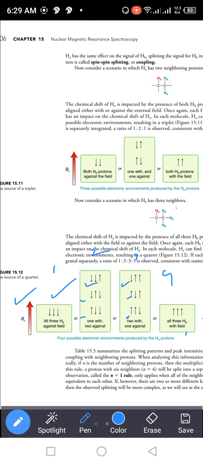So overall we have 4 peaks with different patterns. So if any proton has 3 neighbors, it will have 4 peaks, and 4 peaks is represented by a quartet.